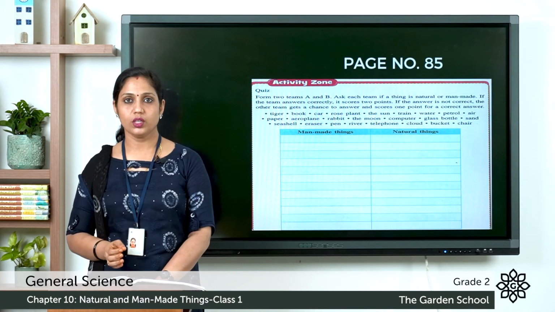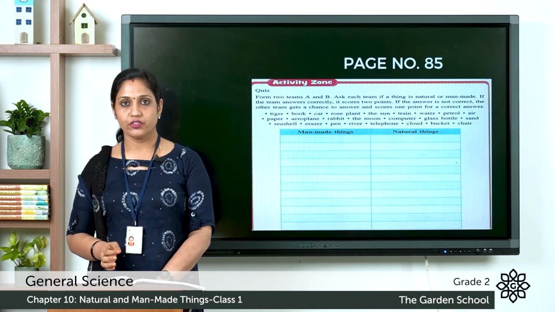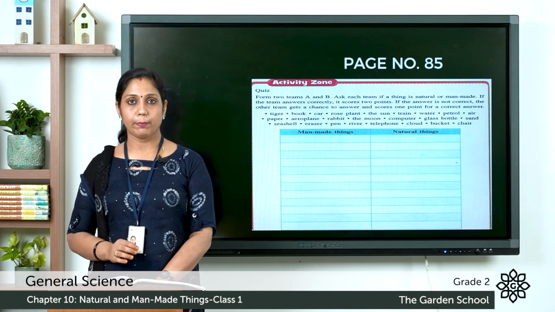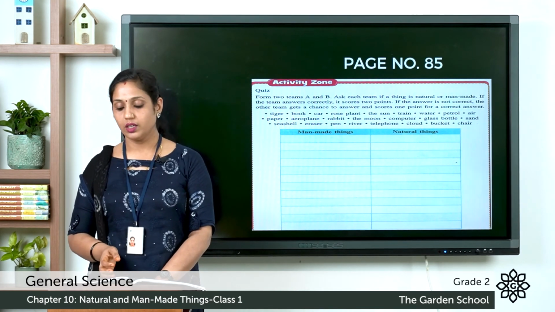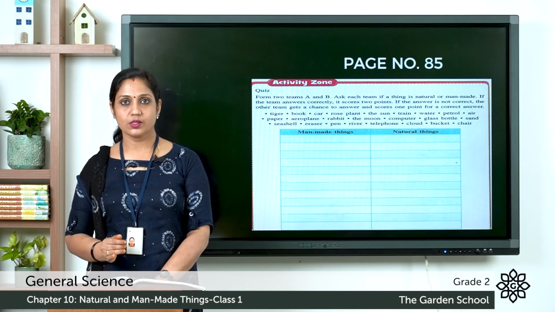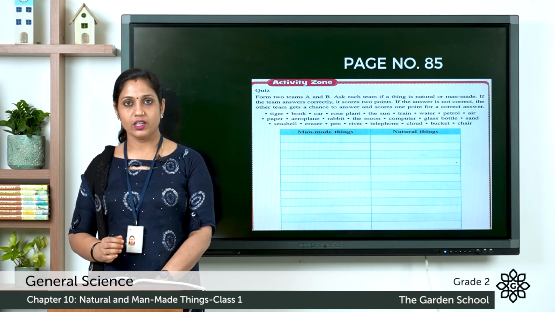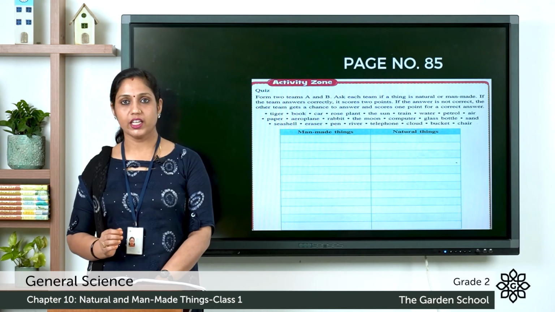So let's look at the names of the things that are given there. Tiger, book, car, rose plant, the sun, train, water, petrol, air, paper, aeroplane, rabbit, the moon, computer, glass bottle, sand, seashell, eraser, pen, river, telephone, cloud, bucket, chair.